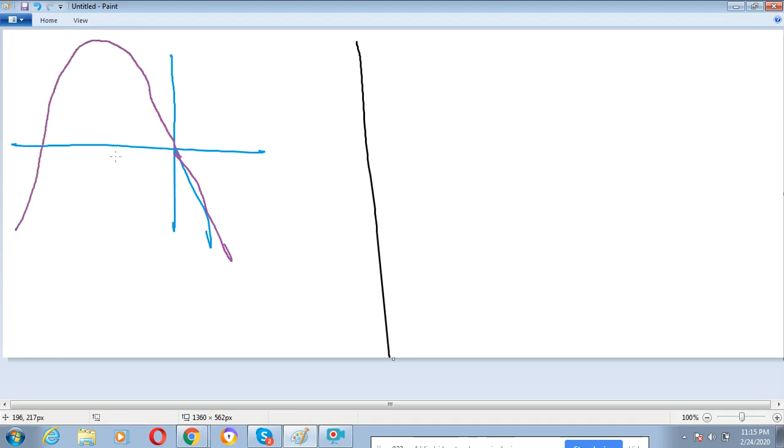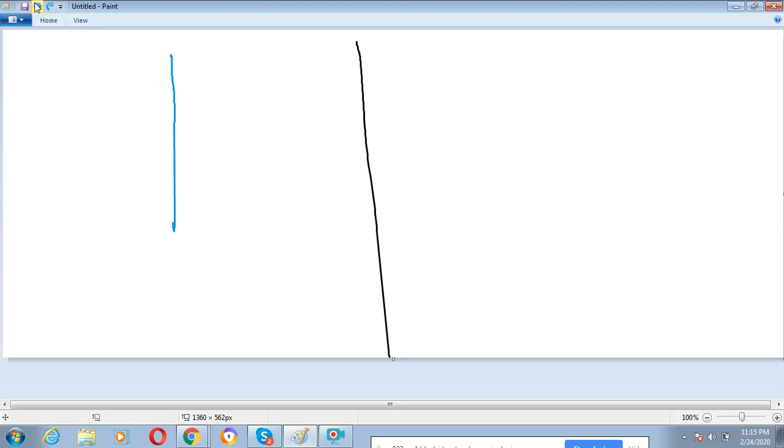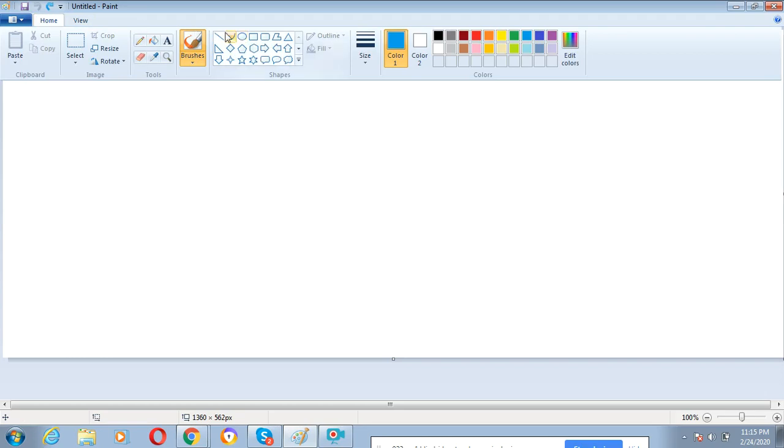This is the graph. Once again I'll draw the graph, let me draw it with a straight line.